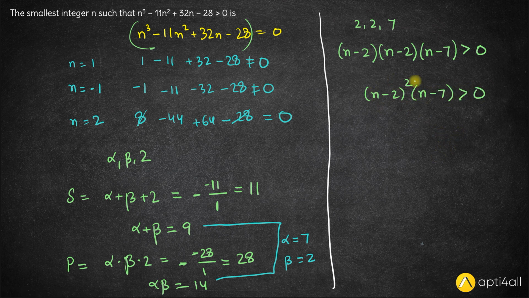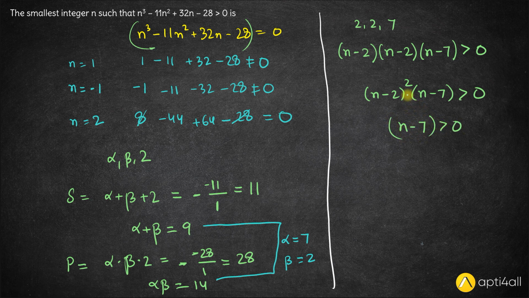Now since this is a square, the sign of this term will not affect the sign of the whole thing. If n minus 2 is positive, the square will be positive. Even if n minus 2 is negative, the square of it will always be positive. So this thing will be greater than 0 when simply n minus 7 is greater than 0.